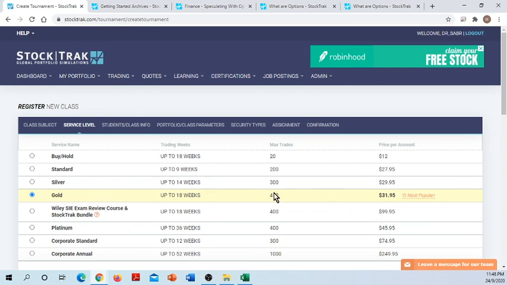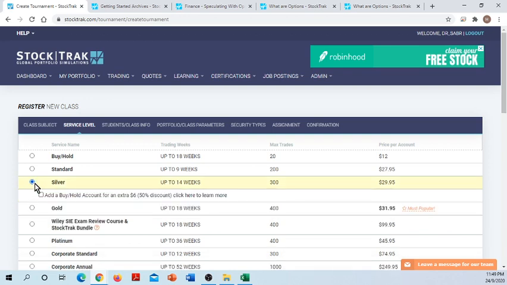Here are the different service levels that your students can subscribe to. In my case, I would choose the silver level, because it's more appropriate for the class I'm teaching.